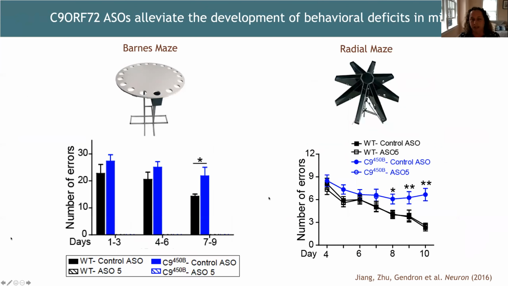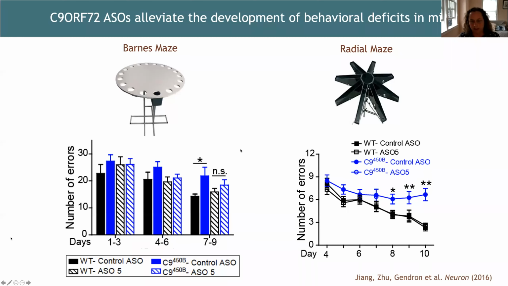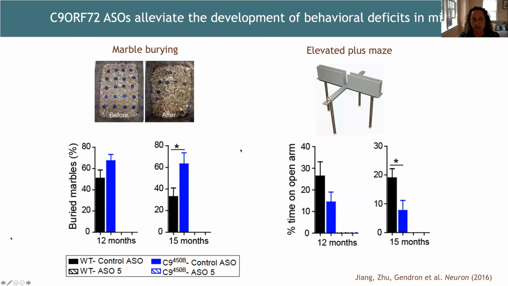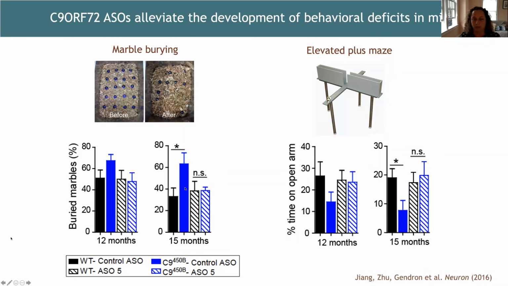It was, again, in this completely independent cohort, where we saw again the cognitive deficit. This was rescued by the antisense oligonucleotides. The marble burying and elevated plus maze were also improved in mice that had received ASOs, reducing the level of C9orf72 with the expansion.